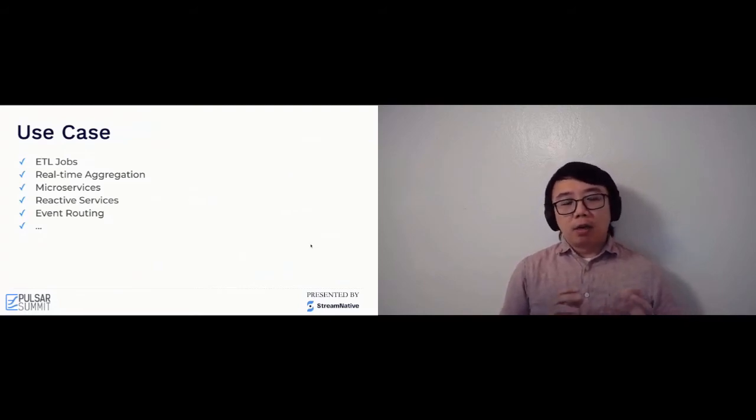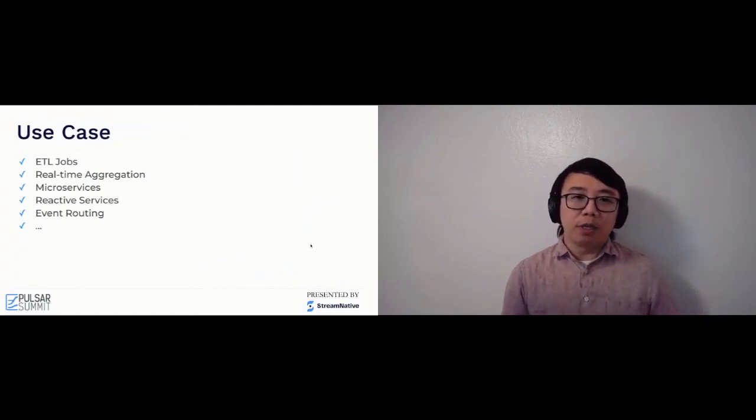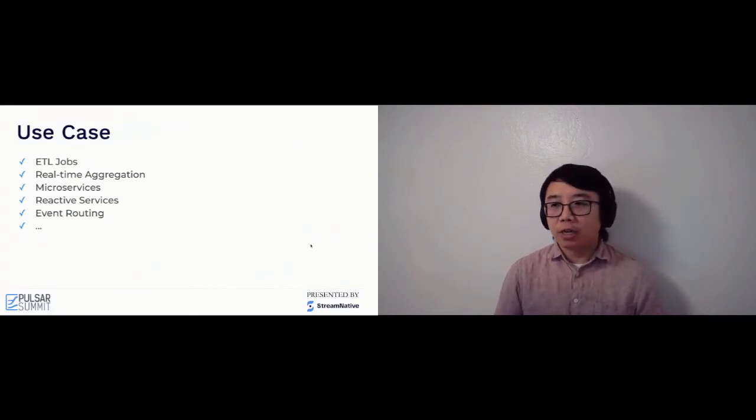The whole API is also very simple. It's language native. That means you don't need to learn an extra SDK in order to write streaming applications using Pulsar Functions. If you know how to write Java, Python, or Go, then you know how to write a streaming application using Pulsar Functions.